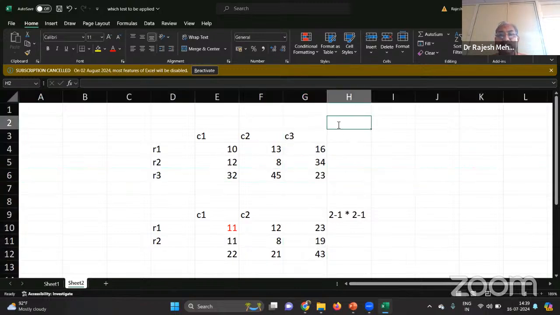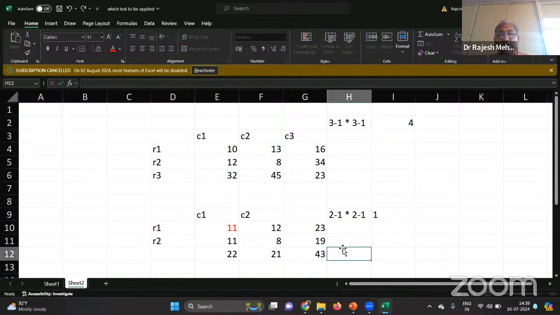So the degree of freedom is 3 minus 1 into 3 minus 1, which is equal to 4. So degree of freedom 4 here, degree of freedom 1 over here. And the degree of freedom in our case of Kruskal-Wallis is the number of groups minus 1. Any question? You can stop me anytime.